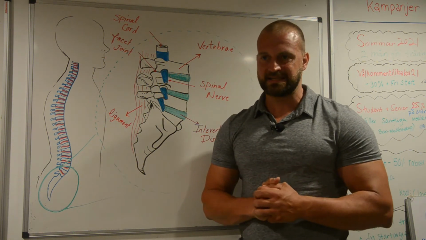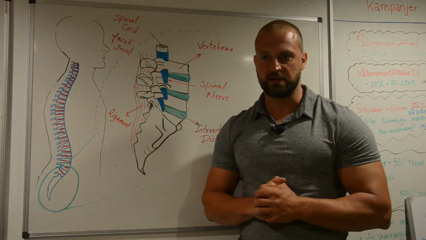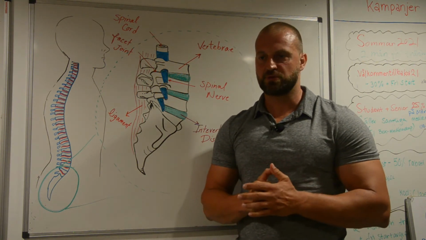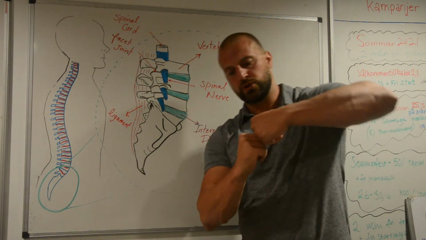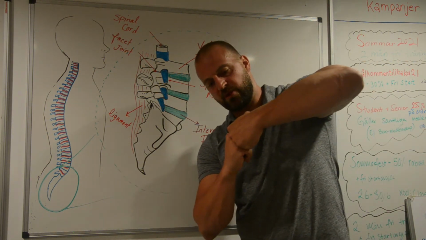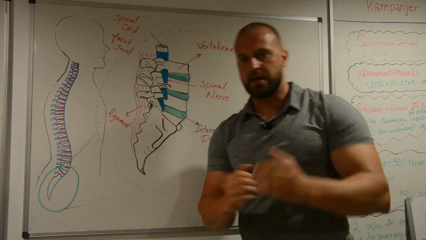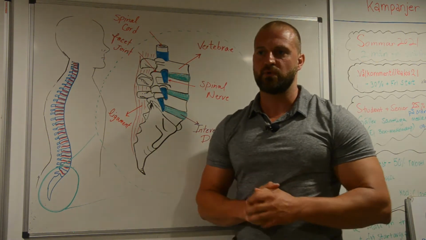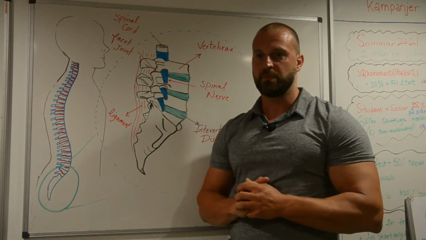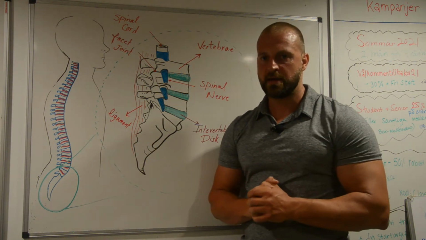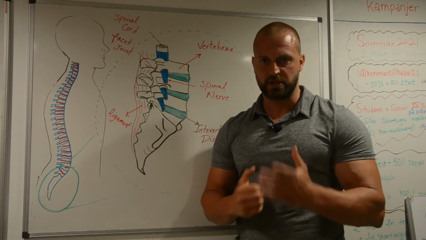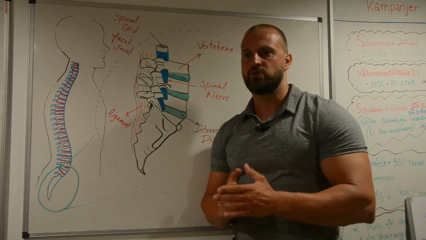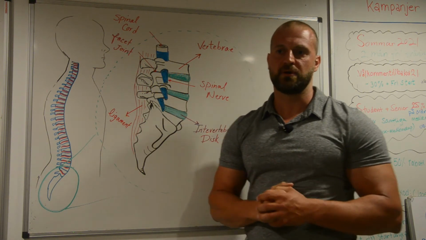Shear force is a horizontal force, and it occurs when a vertebra wants to slide off the vertebra below. The best example is when we are in a bent over position. We're going to have a higher shear force when we're doing conventional deadlifts than when we're doing sumo deadlifts because of our body position.